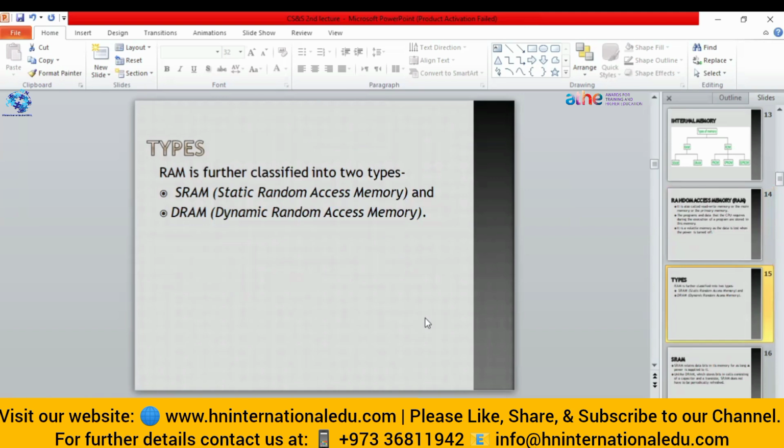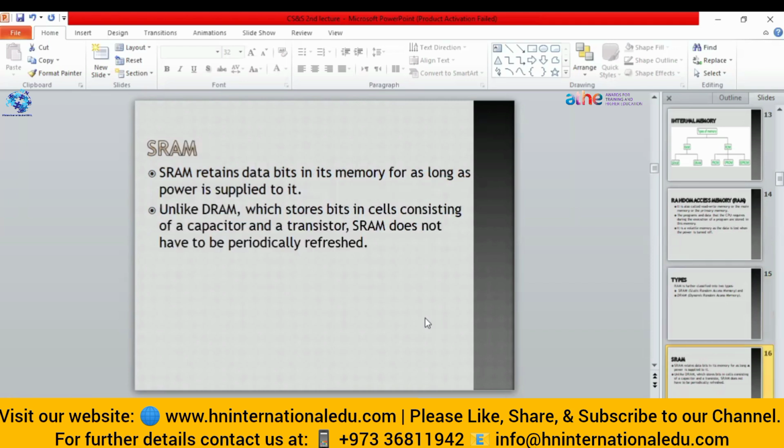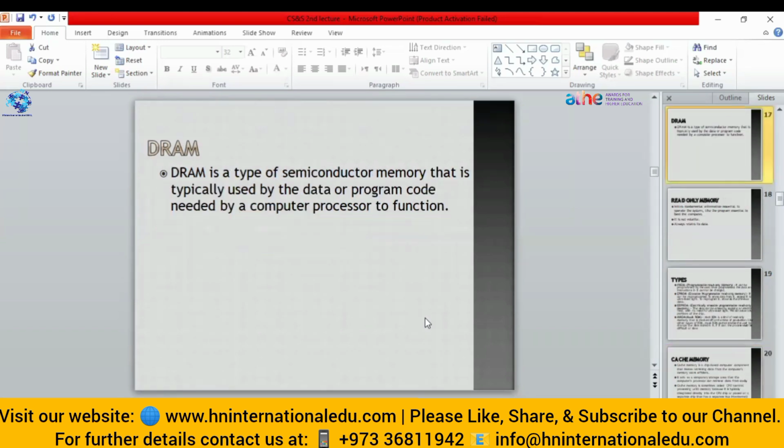There are two types: SRAM, static random access memory, and DRAM, dynamic random access memory. SRAM, as the name indicates, is static RAM. It retains the data bits in the memory as long as power is supplied to it. Unlike the DRAM, which stores a bit in a cell consisting of a capacitor and transistor, SRAM does not have to be periodically refreshed. We don't need to refresh that RAM after some time. It can hold its state whenever we are working on the SRAM.